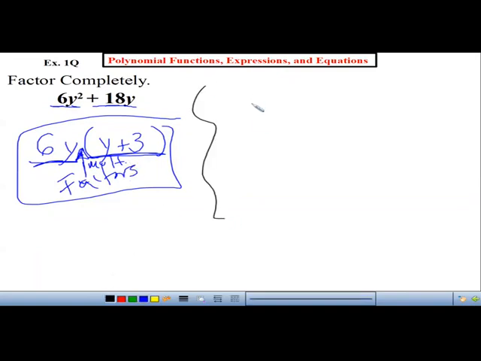Copy this one. Let's do 12x to the third minus 30x to the fifth. Let's see, I'm going to throw a little curveball. See if you catch it. What is the first thing we do?